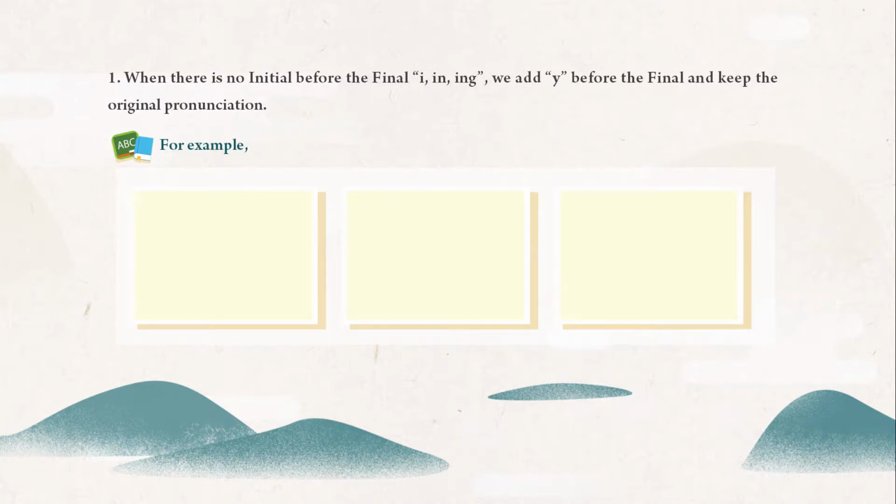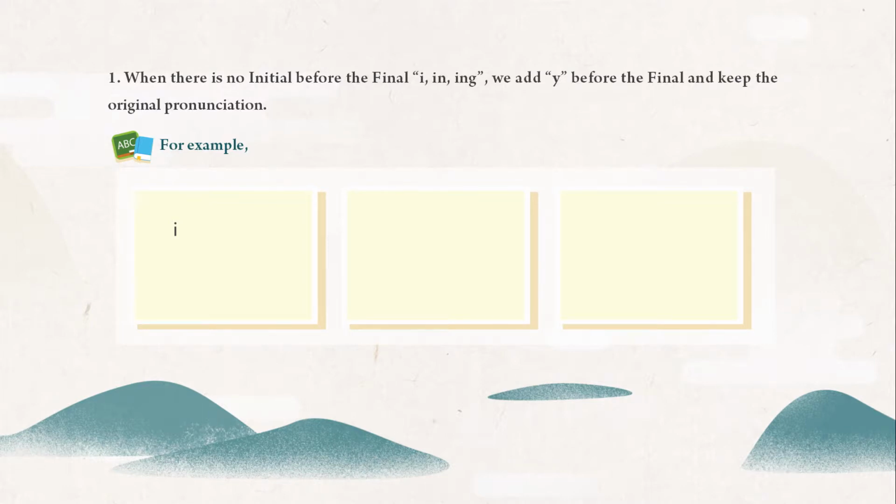When there is no initial before the final i, ing, ying, we add y before the final and keep the original pronunciation. For example, when final i is a syllable by itself, which means there is no initial before, we directly put letter y before it.